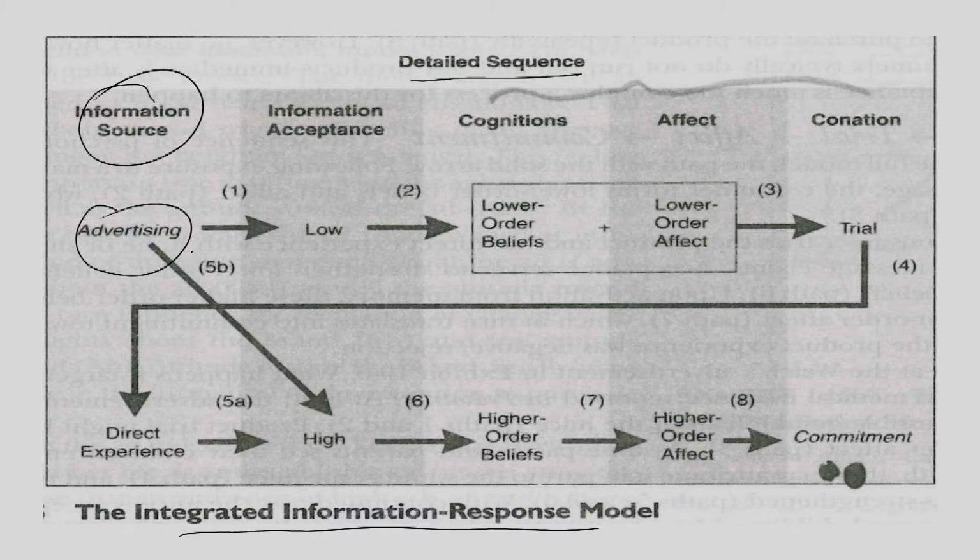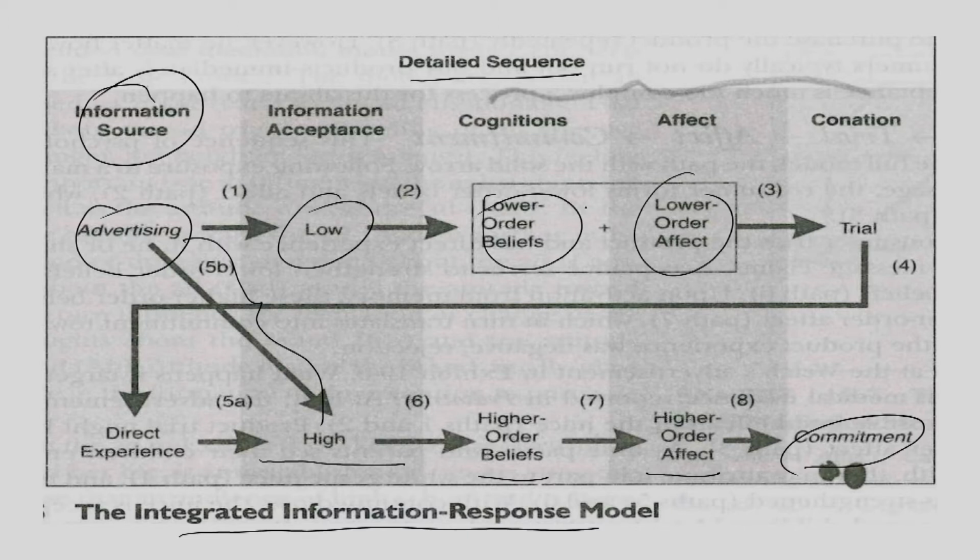One response is that advertisement can lead to the higher part directly, which means that direct experience and advertisement combine together and lead to high belief about the particular product, which leads to higher order beliefs, higher order cognitions, higher order feeling and a commitment towards the product. Or it can lead to lower beliefs and lower effect, which may produce trials and then may produce higher order belief, higher order cognitions and commitment.